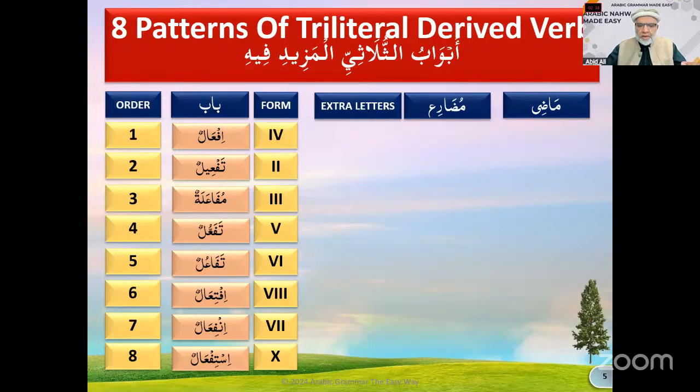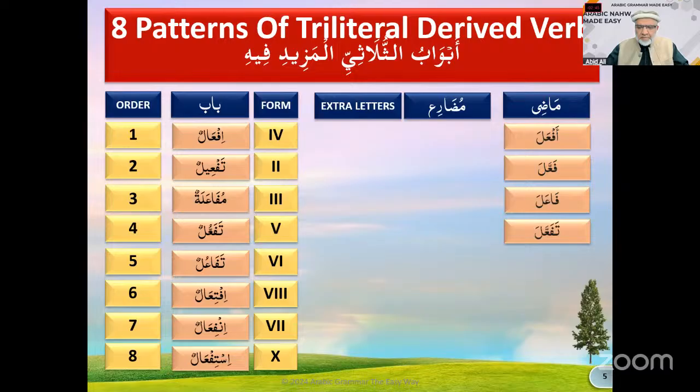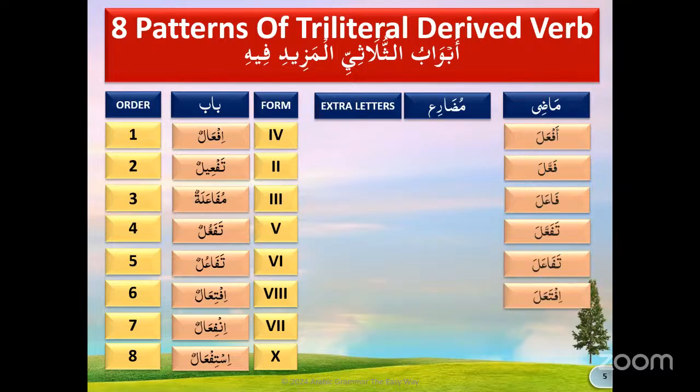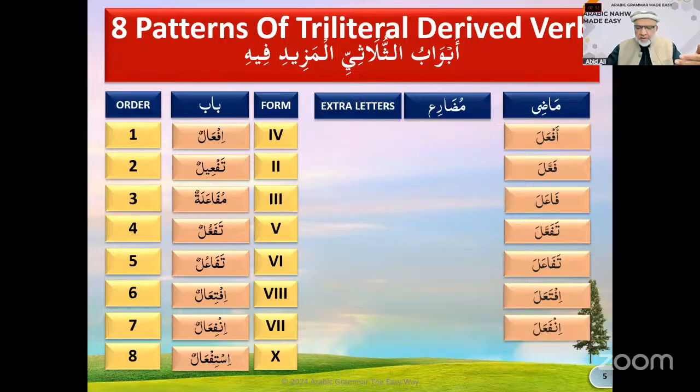Now, when you look at the Bab If'ālun, the Madi will be Af'ala. And the other ones, Fa'ala, Fa'ala, Tafa'ala, Tafa'ala, this Ifta'ala, Infa'ala, and Istaf'ala.